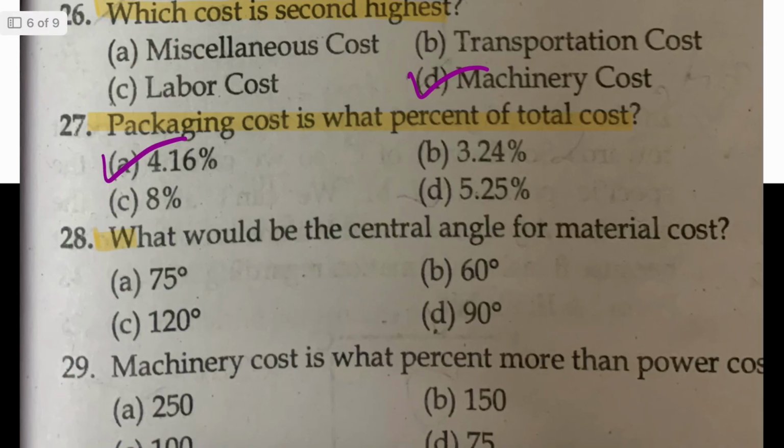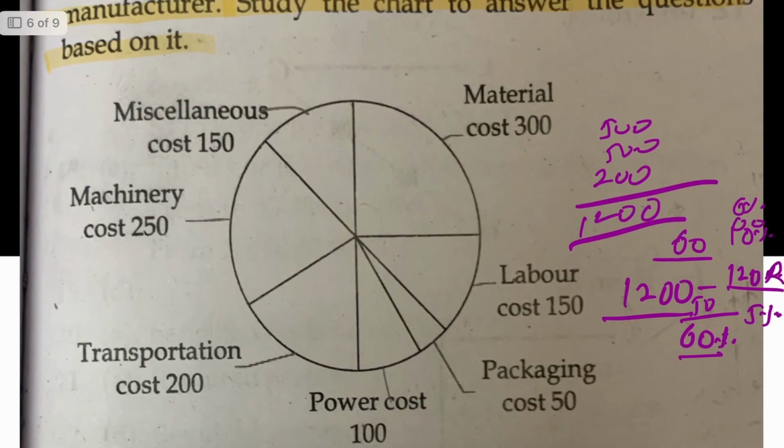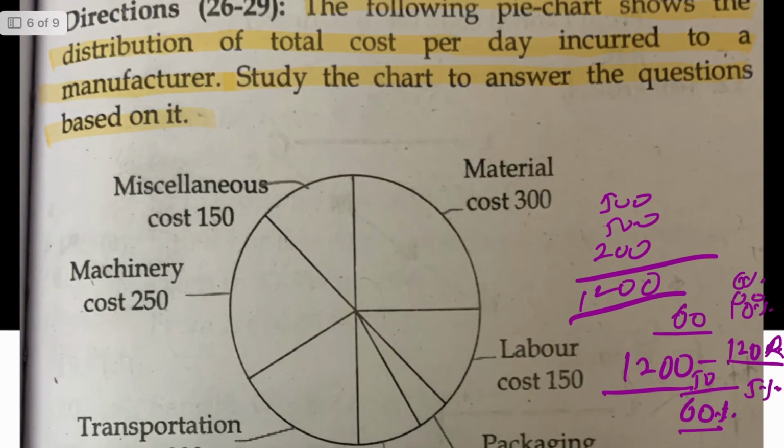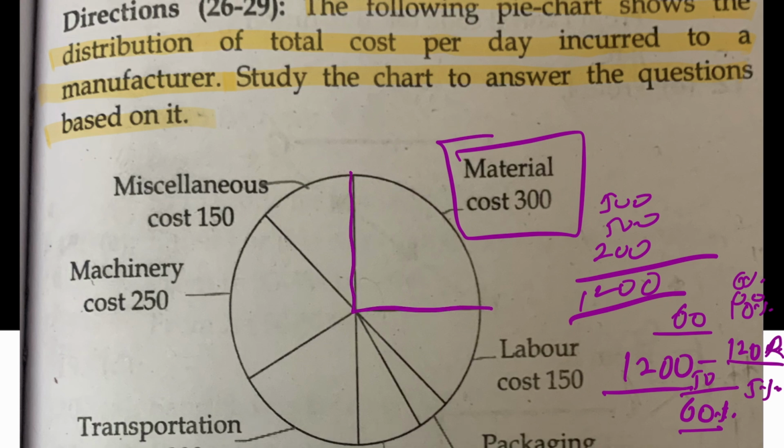We'll check for the third question. What would be the central angle for the material cost? So we need to find out what is the angle for the material cost. As I discussed in my past distance video, you go and watch it. I have explained how to find the angle first. For this, it's very easy. As you can see, this is a 90-degree triangle.